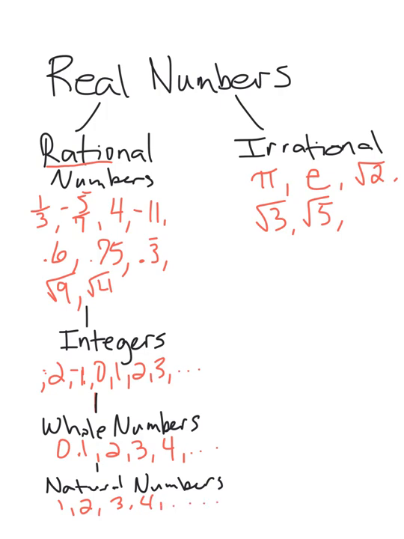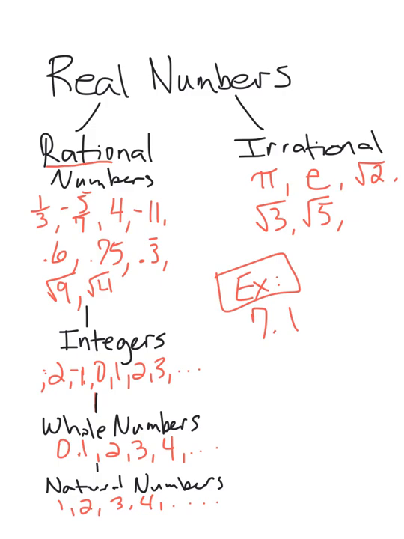Okay? So these are your categories of real numbers. There's rational and irrational, and then within rational numbers, there are integers, whole numbers, and natural numbers. Let's say I give you an example. We're going to look at the number 7.1 and decide what kind of number this is. Think of all of the categories that would correctly describe this number.